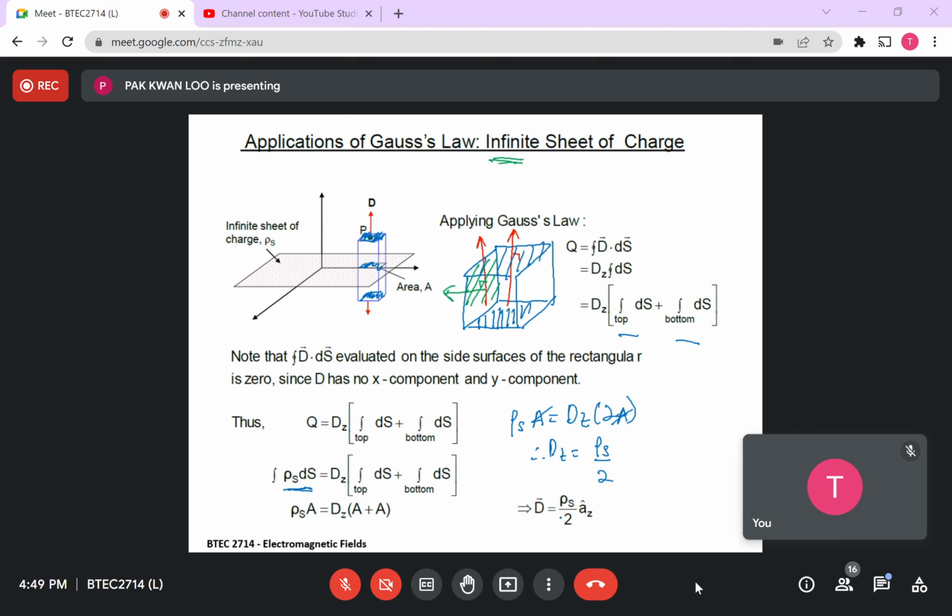And of course, in general, we will say that this is in the normal direction with respect to the charge surface, the charge distribution. So here again, we see that the application of Gauss's law and what we have derived from Coulomb's law is the same.